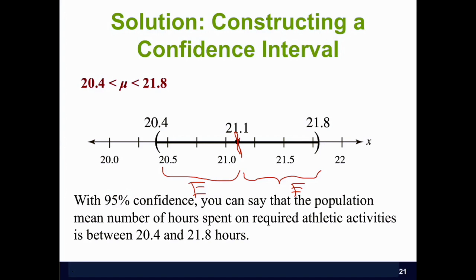So every time we produce a confidence interval, we say with a certain level of confidence, in this case 95, we can say that the population mean number of hours spent on required athletic activities is between 20.4 and 21.8 hours.